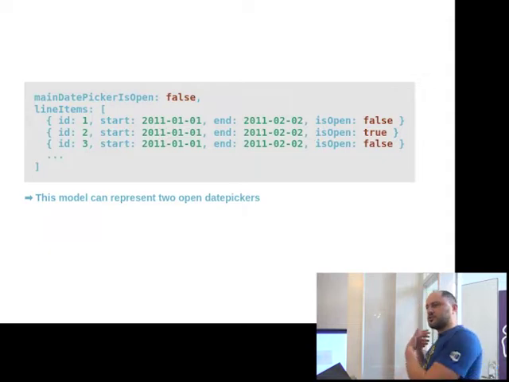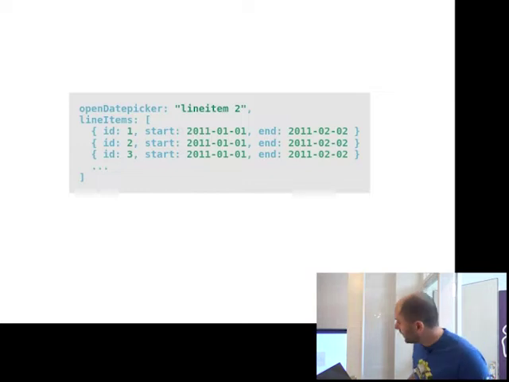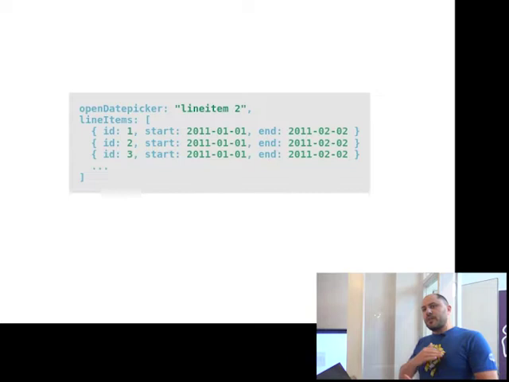How do we change this model so that the only states it can describe have at maximum one open drop-down? And the solution is trivial. Again, rather than having a Boolean for each date picker, we have a reference to the date picker that we want open.